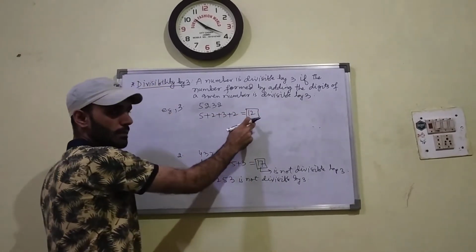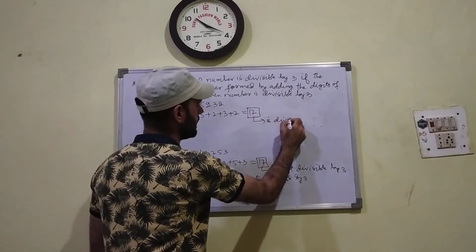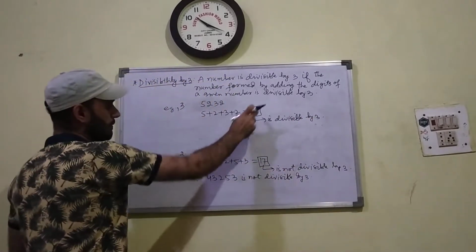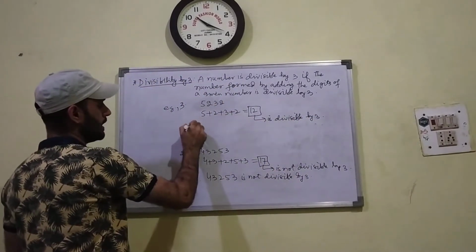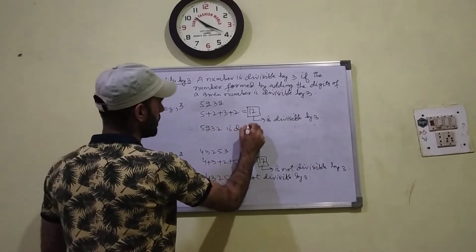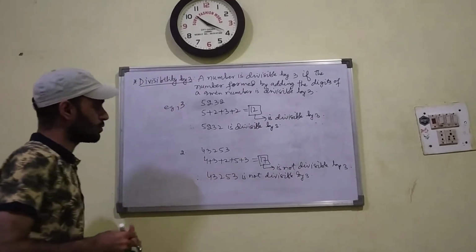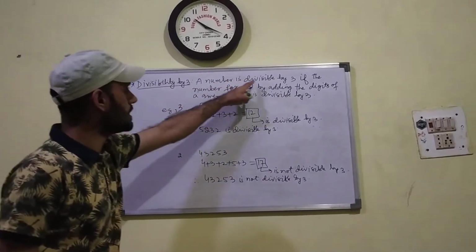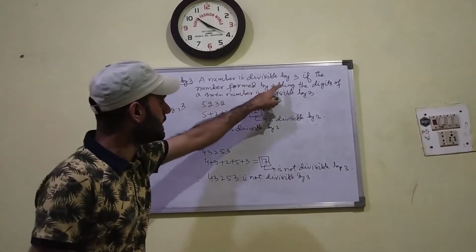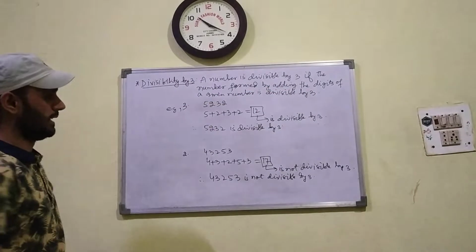Is this divisible by 3? Yes. 12 is divisible by 3. If 12 is divisible by 3, therefore 5232 is divisible by 3. So, a number is divisible by 3 if the number formed by adding the digits of a given number is divisible by 3.